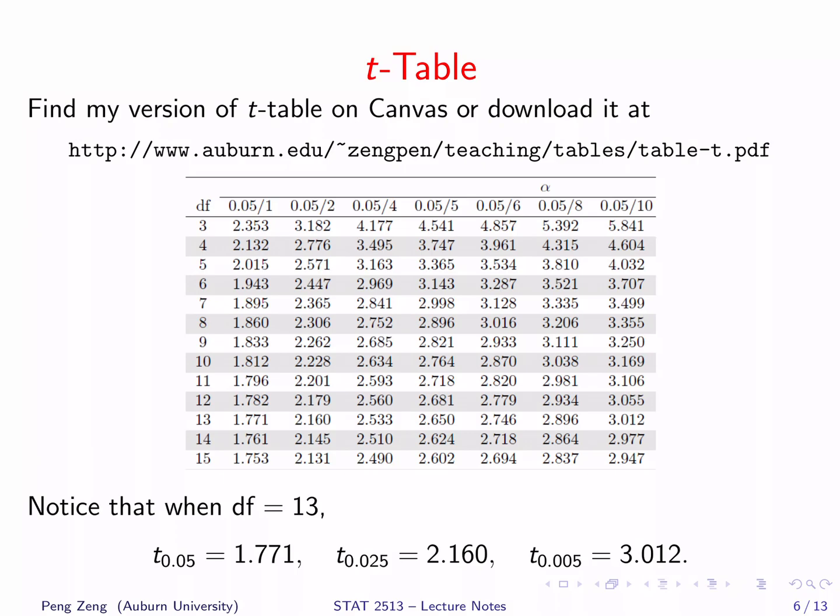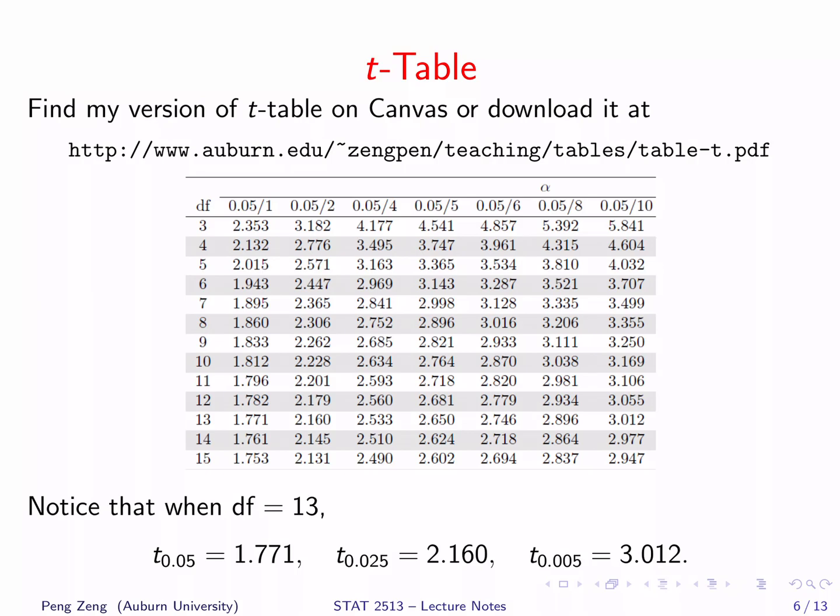You can use the t-table in the textbook. You can also use my table. My table is available on Canvas. It is also available at the following link. In my table, I mark the value of alpha as a fraction of 0.05. For example, when the number of degrees of freedom is 13, t.05 is 1.771.